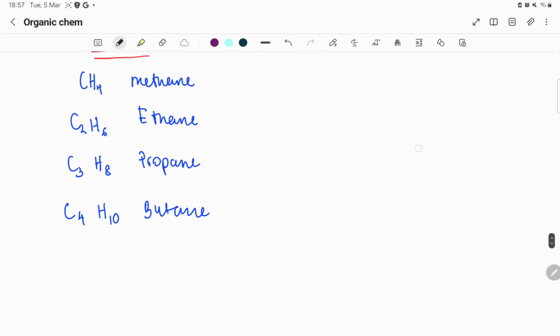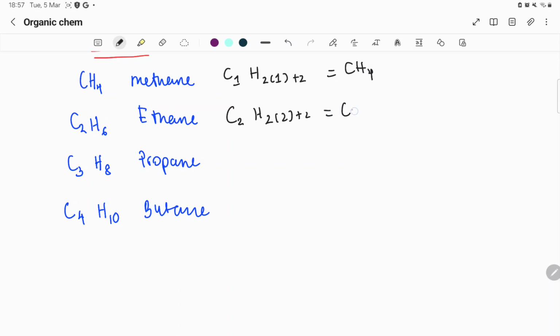So the first compound in the list is obviously going to be the one with 1 carbon. So put it in the formula. You get CH4. Then you go on to the second one, C2H6, put it into the formula. And so on and so forth.